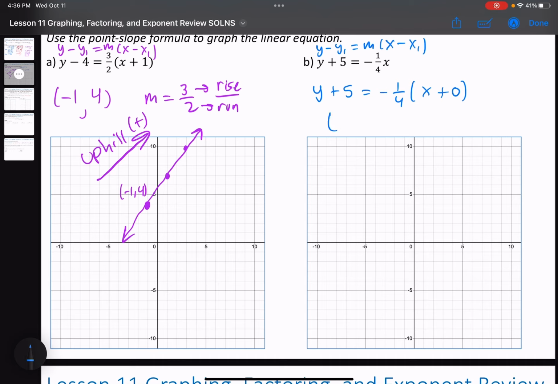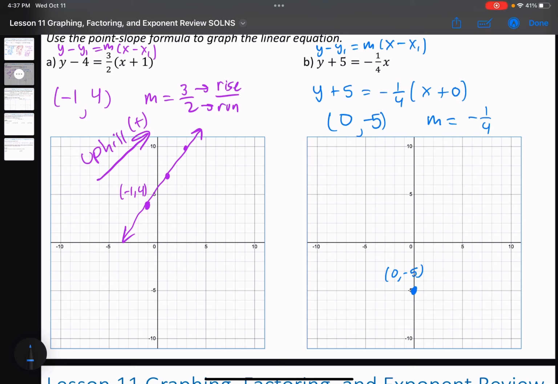And we can figure out our point and our slope from our rewritten formula. It looks like our x1 is going to be 0, and our y1 is going to be -5, and our slope is going to be -1/4. So if we graph this, we're going to have a point at 0, -5, which is down here.